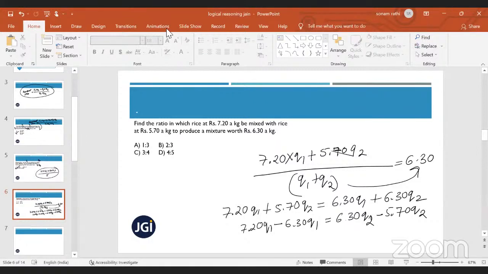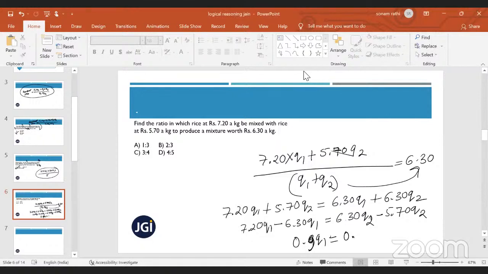Okay, so how much are you getting on the left side and the right side? 0.6 Q1. Wait a minute. 7.20 minus. How much will be the left side? 0.9, right?